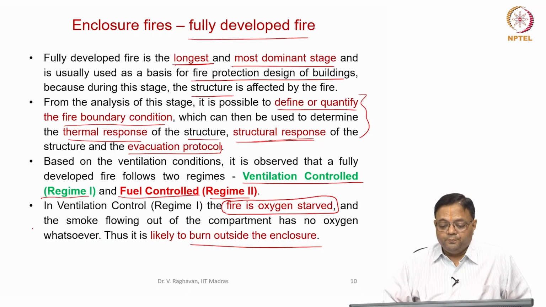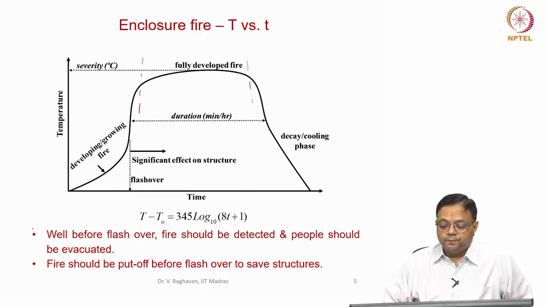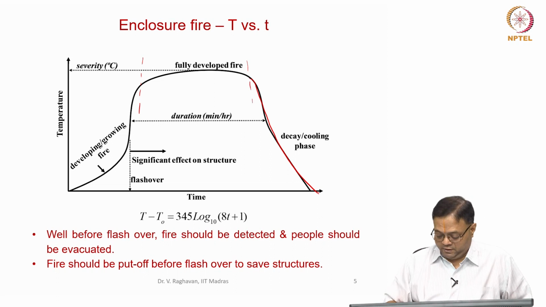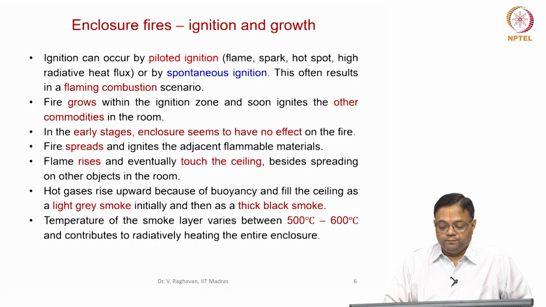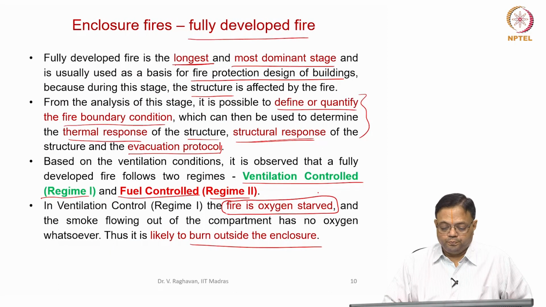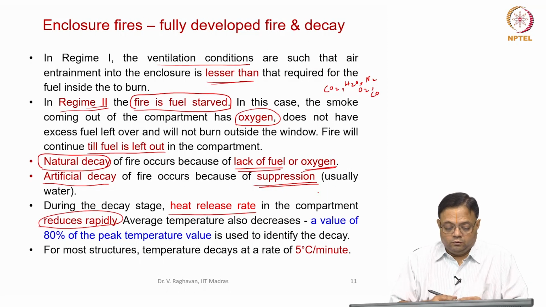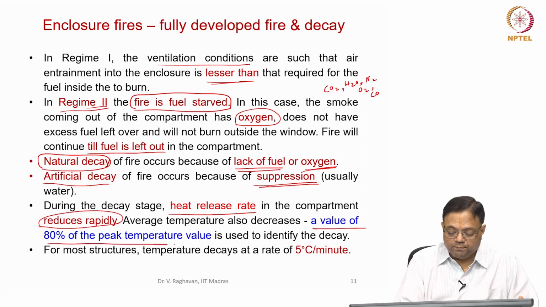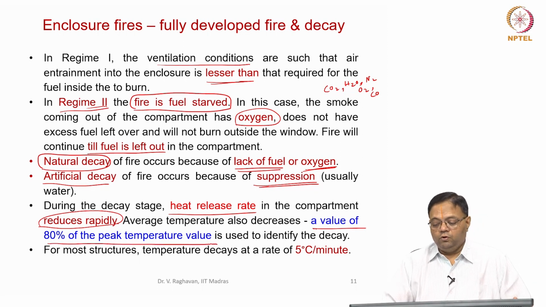The heat release rate during the decay stage reduces rapidly. Again, go back to the curve here. After the fully developed fire, in the decay stage, you can see the rapid decrease in the heat release rate. The average temperature also decreases. Obviously, when heat release reduces, the average temperature also will reduce. A value of 80% of the peak temperature is used to identify the decay.